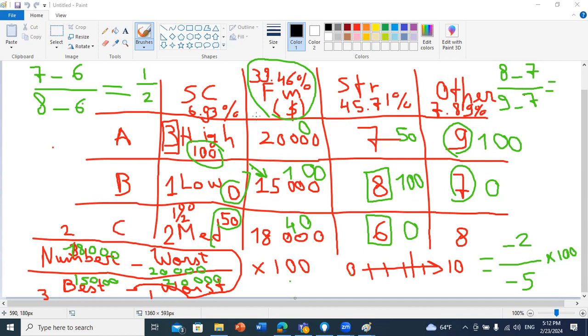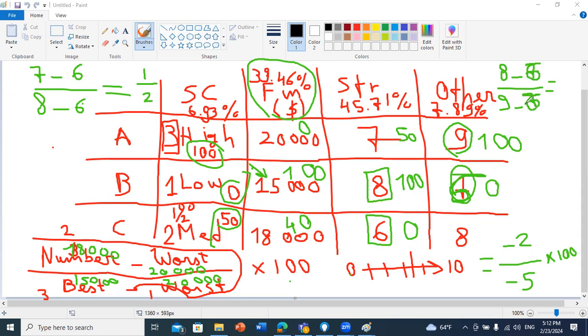Look, I will change it just for you to see how it will change. Let me put other scores, okay? For example, I will put 6 instead of 7. So if you have 6 instead of 7, you'll do 8 minus 6 over 9 minus 6.